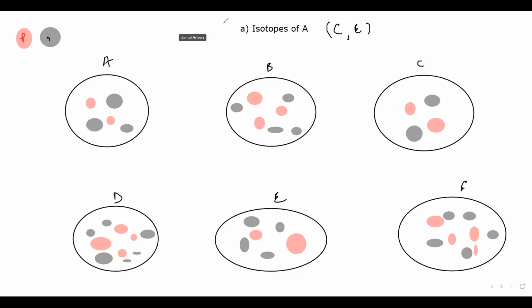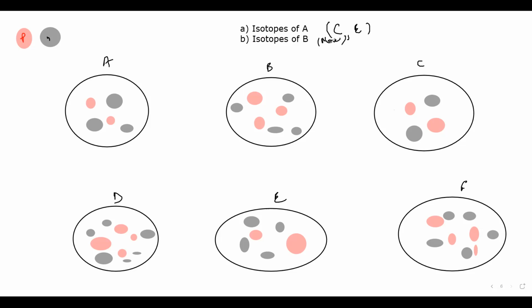Isotopes of B. Can you find any isotope of B? So there's no isotope for B. And what about isotopes of C?